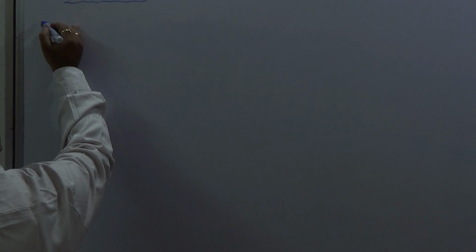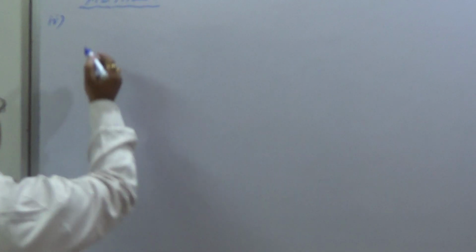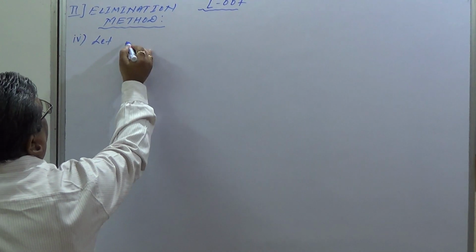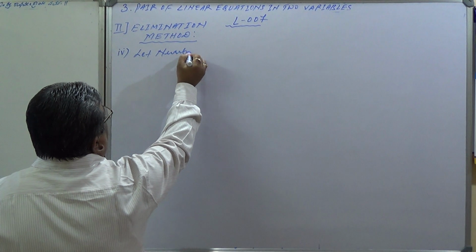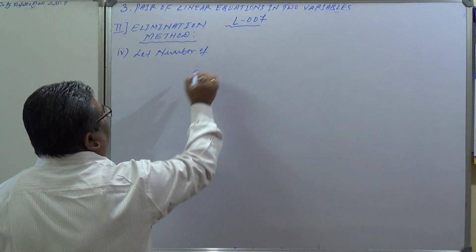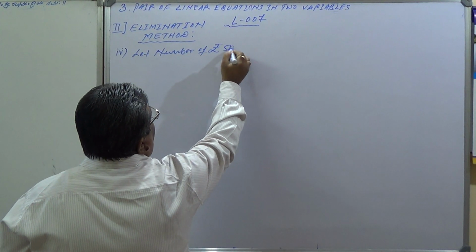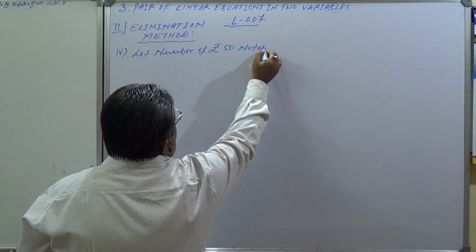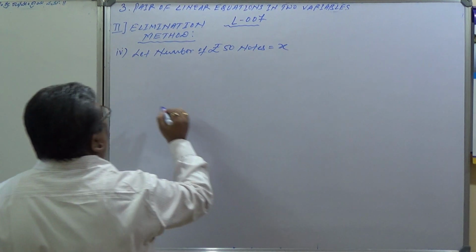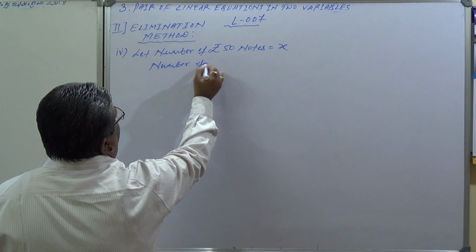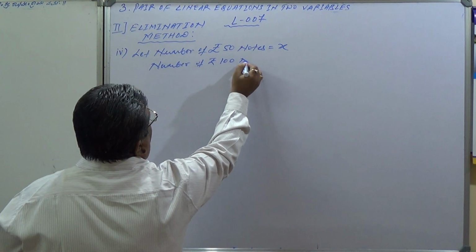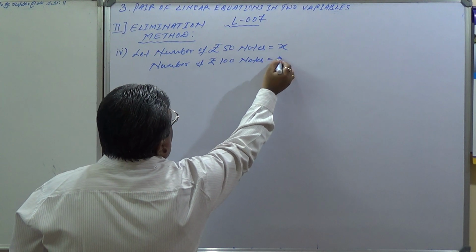This is the fourth one. So let the number of rupee 50 notes be x, and the number of rupee 100 notes equal y.